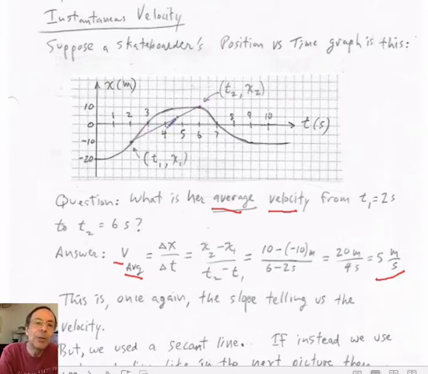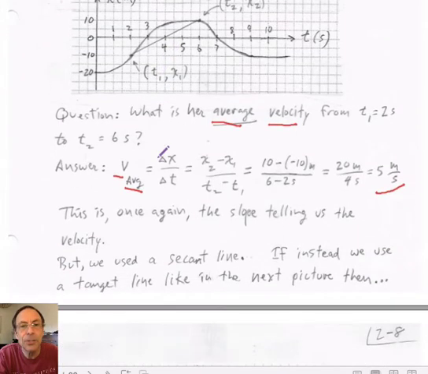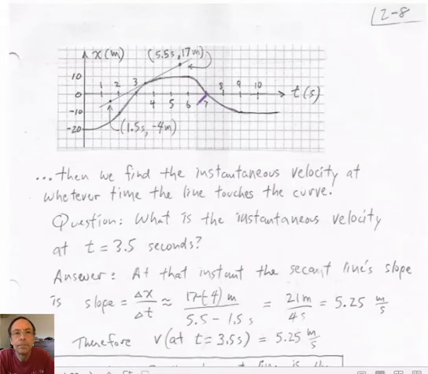But I could draw a line which doesn't cross the curve, which just barely touches the curve. In this version of the drawing, my line is not crossing the curve. It's just barely touching the curve at one point. We call this a tangent line.